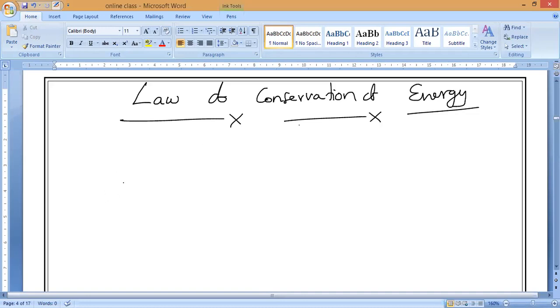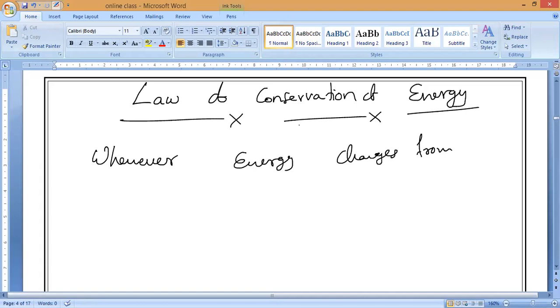So please, all of you write it. Whenever energy changes from one form to another, the total amount of energy remains constant.